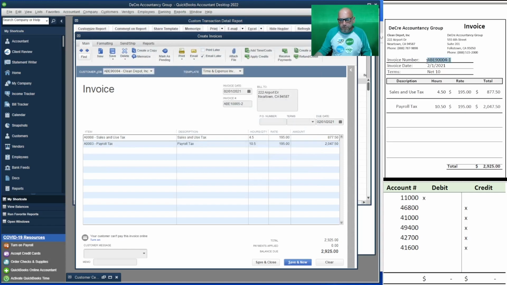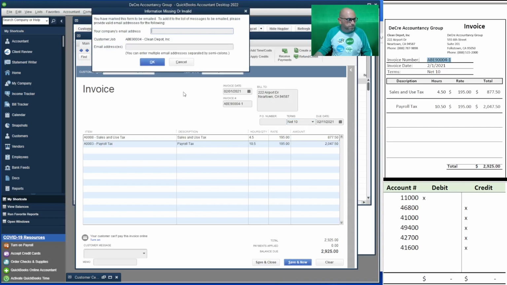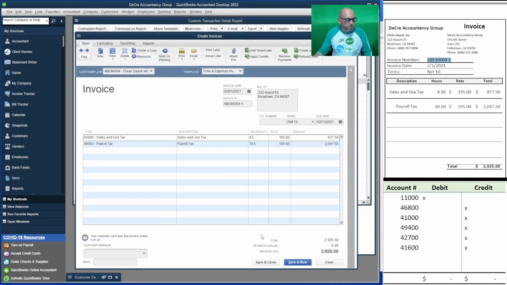Okay, let's just adjust our invoice number to match our records here. Again, remember this amount right here, it's a debit to account 11,000. These amounts right here are distributed between, in this case, our sales, our accounting, and our payroll type revenue. But these amounts are all credits to our revenue accounts. Oops, gotta unclick this for it to recognize.